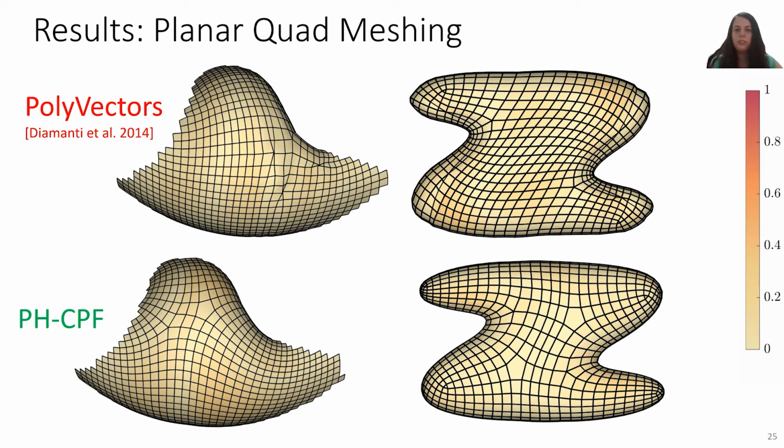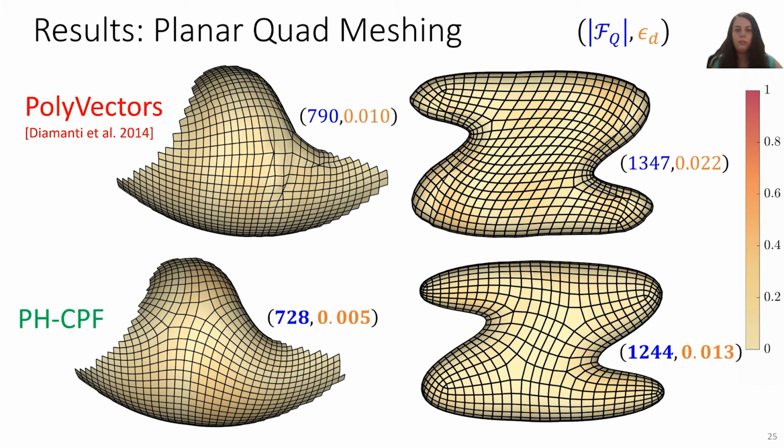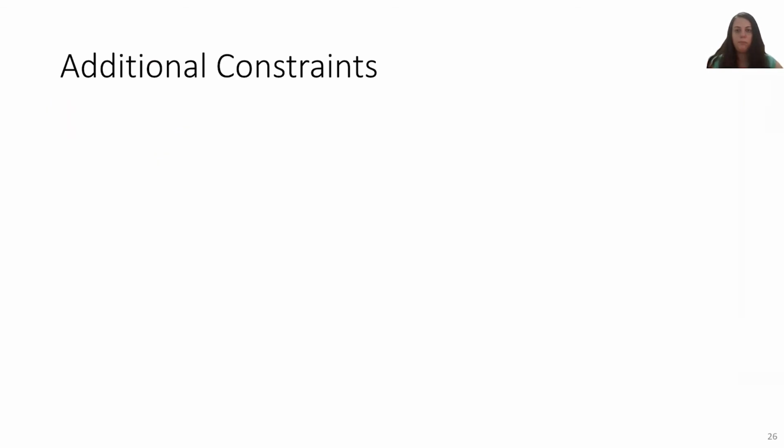The color represents the planarity of the faces. We note that we applied the same planarization post-processing as for our approach. We also show the number of faces and the Hausdorff distance to the source mesh for each mesh. Notice that we got a better Hausdorff distance using a smaller number of elements and that we have fewer artifacts. We have additional results in the paper.